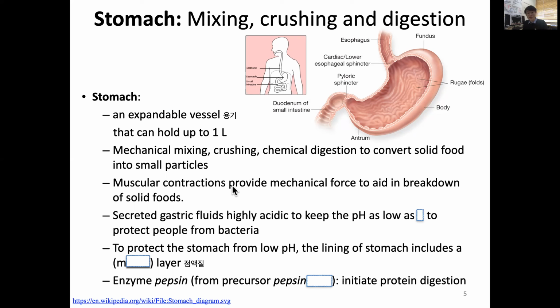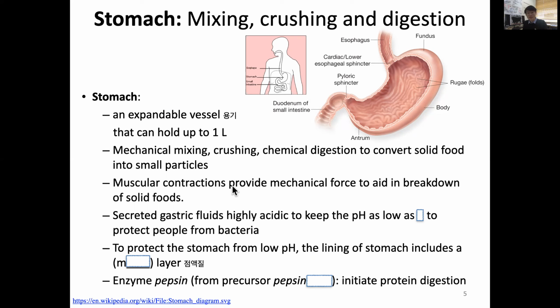Okay, and inside the stomach, there's also a digestive enzyme, which chops protein. And think about it, the stomach is also composed of protein. So how come these enzymes, which are secreted by the stomach, do not digest the stomach itself?